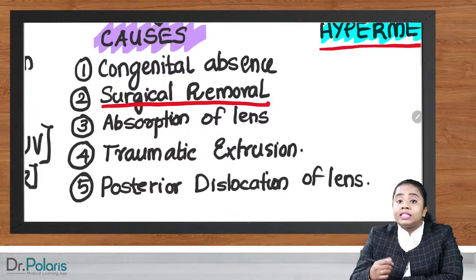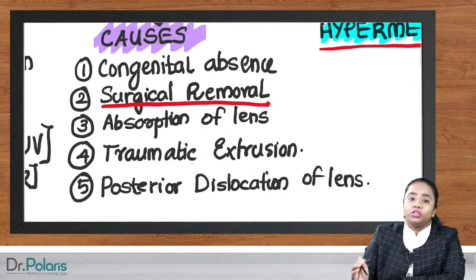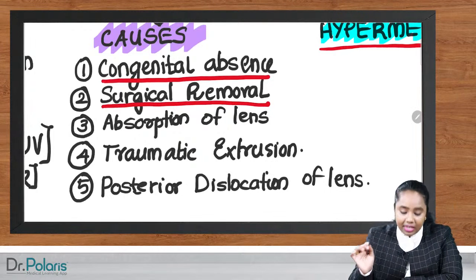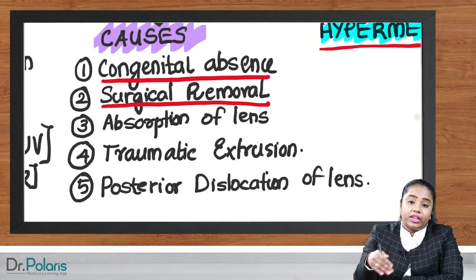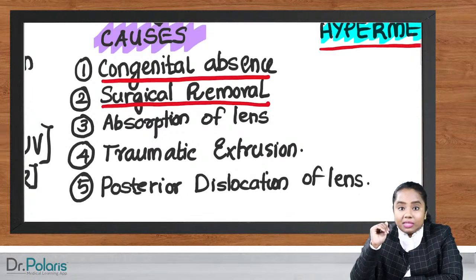The first one is the congenital absence. By birth, if the child doesn't have a lens on its own, then you call it congenital absence of the crystalline lens. Then there can be a lens in the patient already, but because of certain diseases or conditions in the eye, there can be absorption of the lens matter.